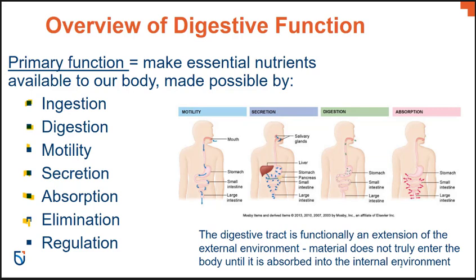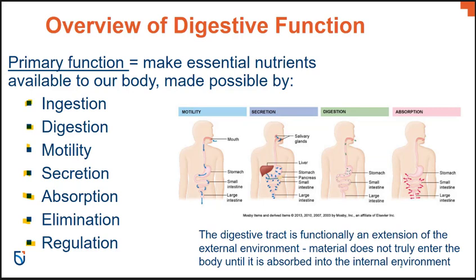Okay, elimination. Obviously this is the process of getting rid of food and products that are not useful to our body, not needed. And then regulation. This is really just the coordination of digestive activity. So coordinating motility and secretion, for example, among other things.